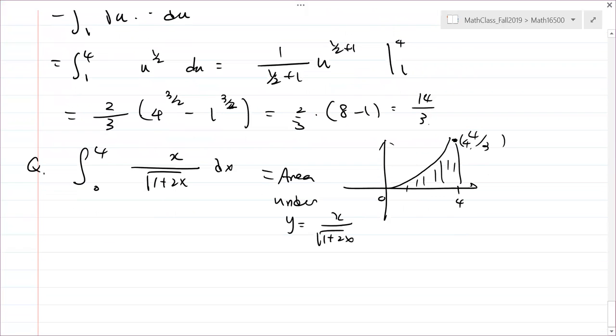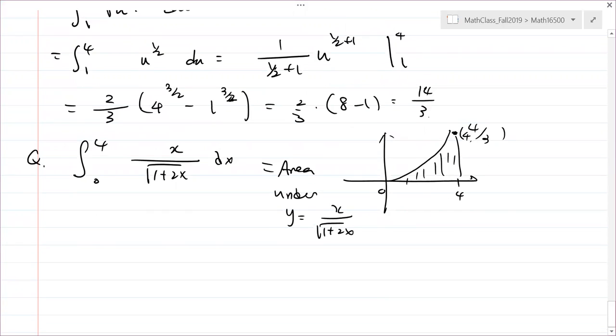So can you do this problem? Use the substitution, right? Find the antiderivative. You can start with a definite integral, find the antiderivative, then use the antiderivative to evaluate the integral.